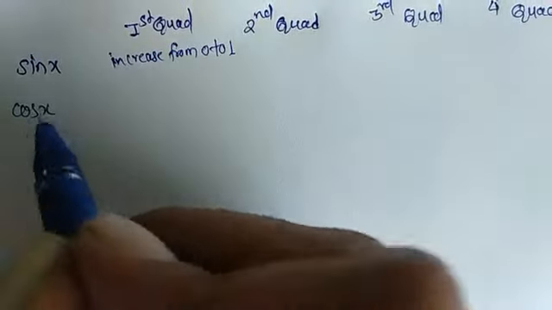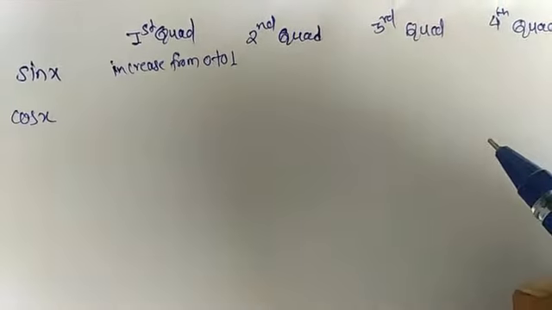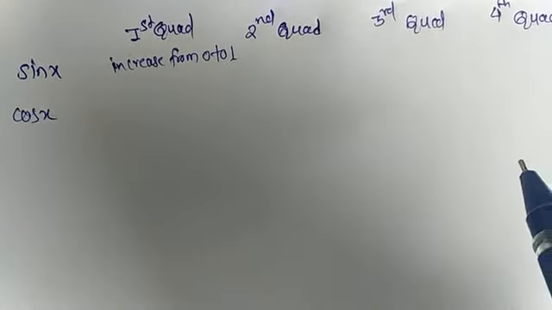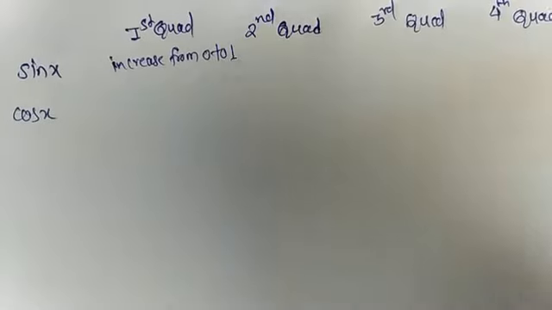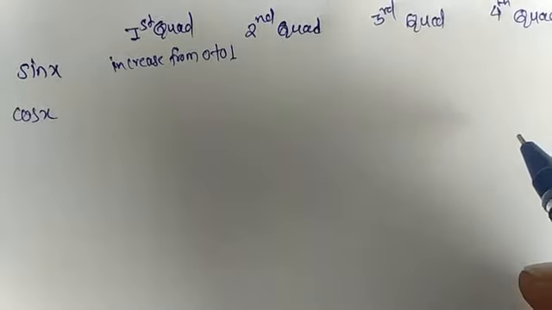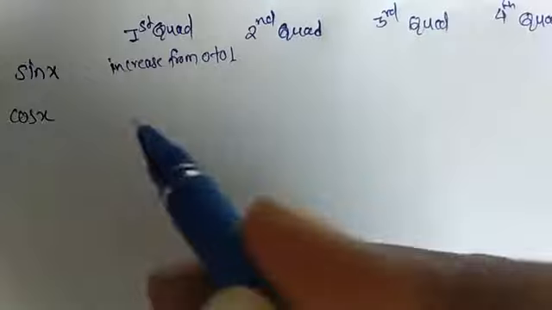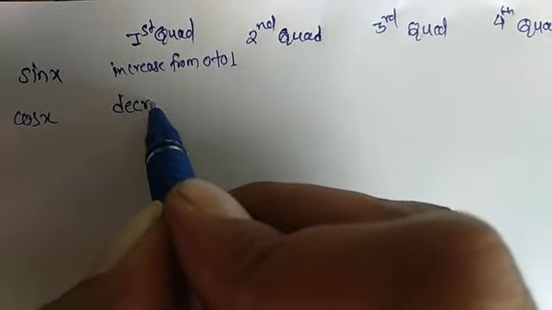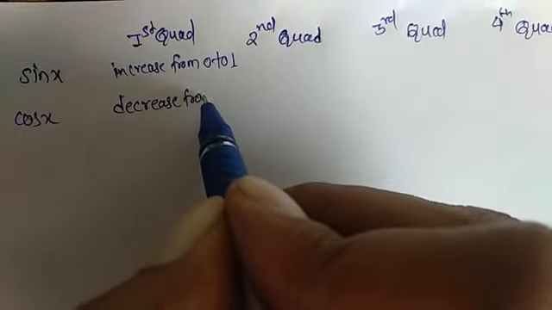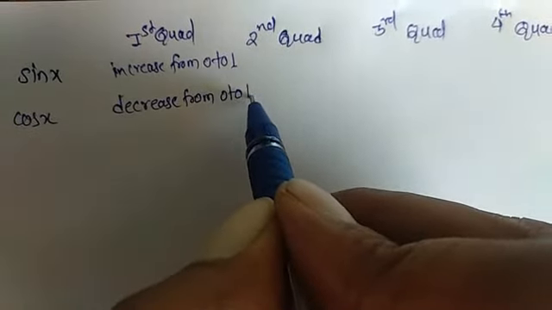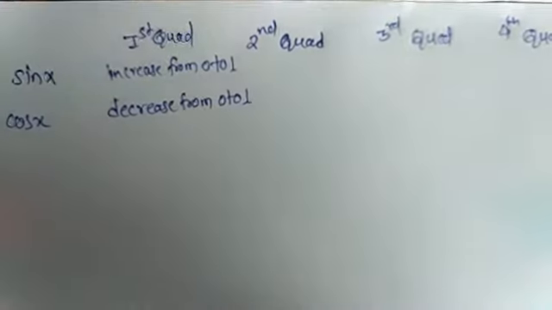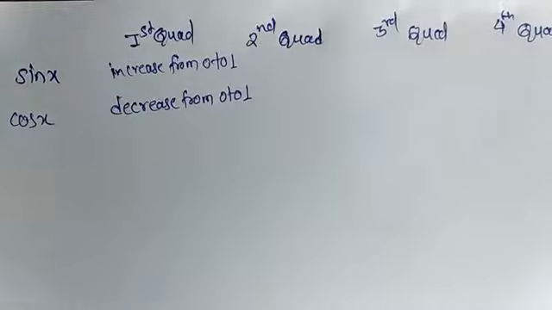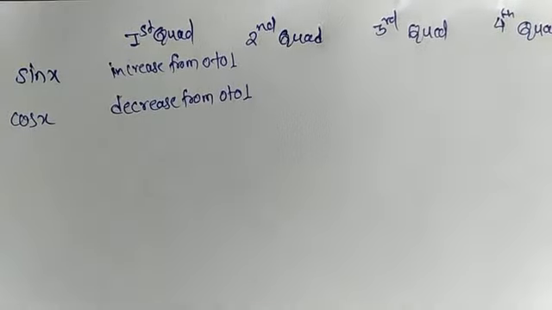Cos x has its values going from 1 to 0, because the higher value is 1 and the lower is 0. So cos x in the first quadrant decreases from 1 to 0, because cos 0 is 1 and cos pi by 2 is 0.